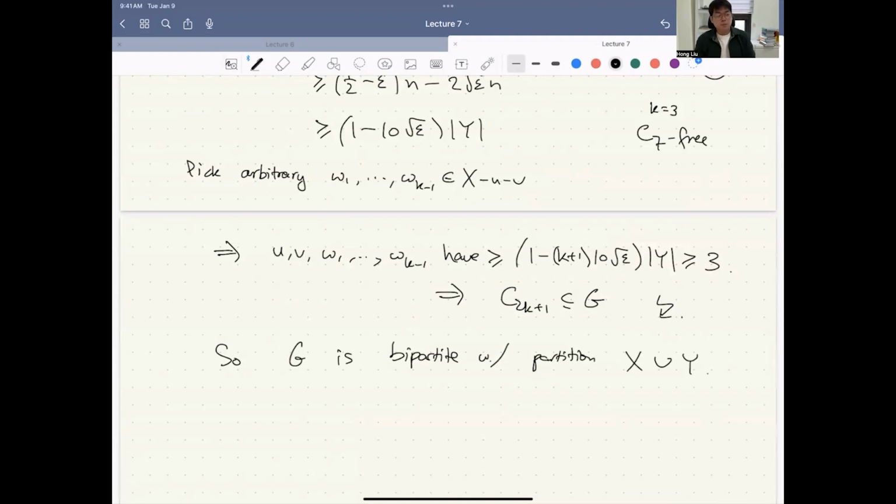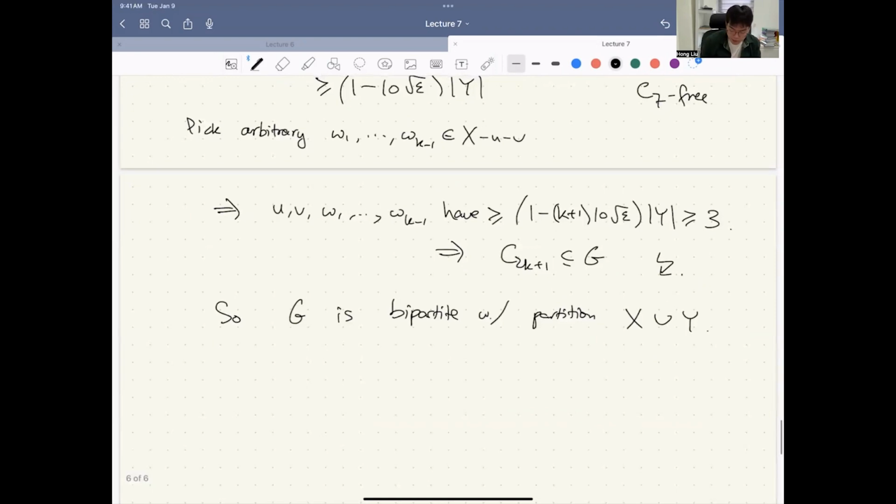Now let's bound the number of edges in Gx, our original graph. We need to prove that our original graph is bipartite. The number of edges is at most that of the graph G_K, the graph obtained after the K-th step.